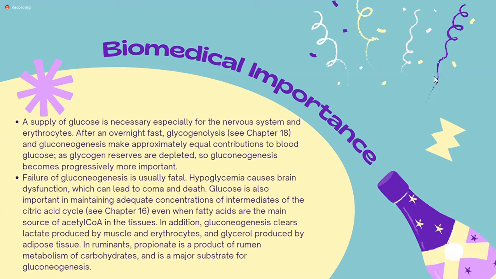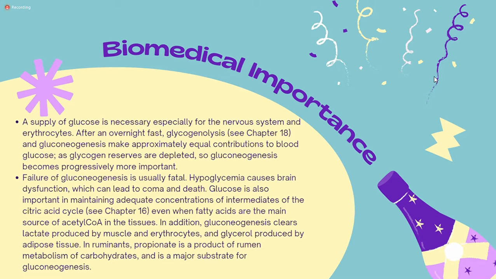That shifting signifies that there is a dire need of glucose. And whatever glucose is left is for your red blood cell, because your red blood cell cannot utilize any other fuel except glucose.